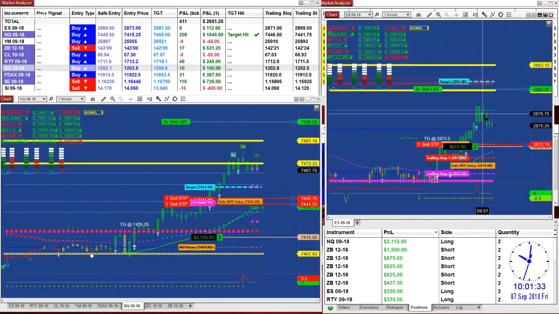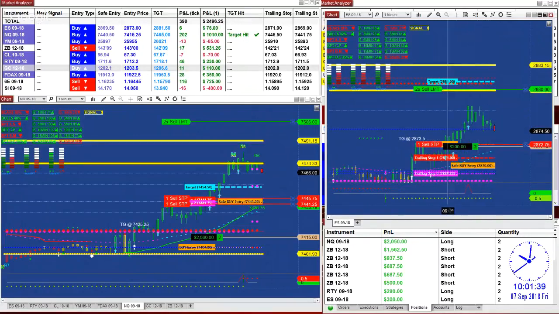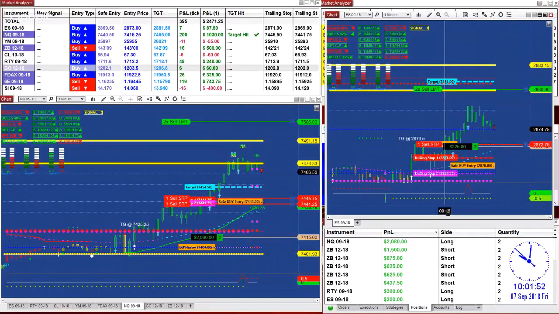The ES got stuck between a support and a resistance. We just need to keep our eye on it, and nobody knows where this ES is gonna take us. It's gonna change the whole momentum in the market, and it's gonna have direct impact on your Nasdaq trade.